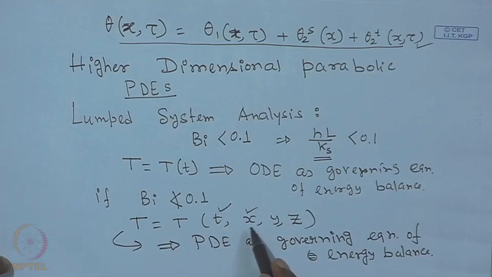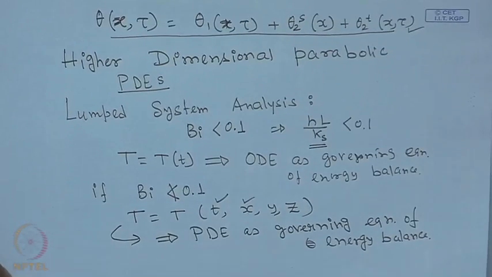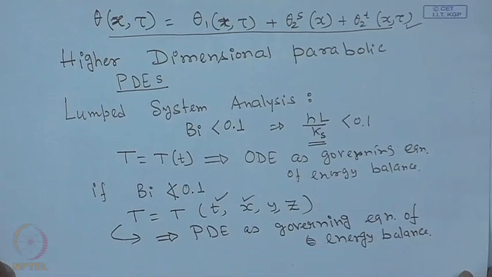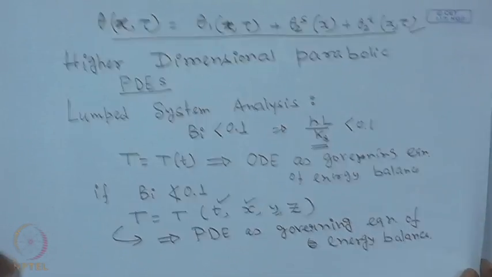If we talk about temperature as a function of x, y and t, we will land up with a three dimensional problem. If we consider temperature as a function of x, y, z and t, we will be talking about a four dimensional problem, three dimensional in space and one dimension in time. So, these are the higher dimensional parabolic partial differential equations.